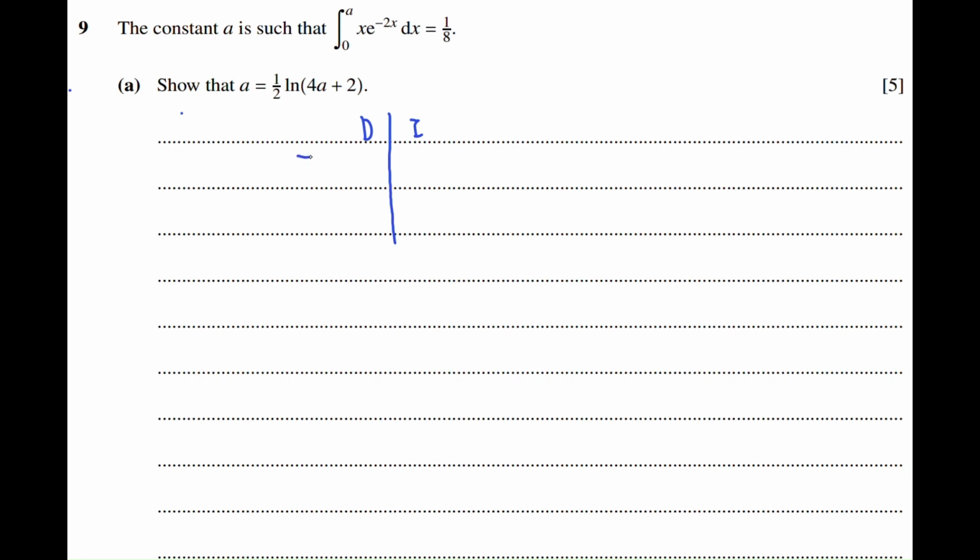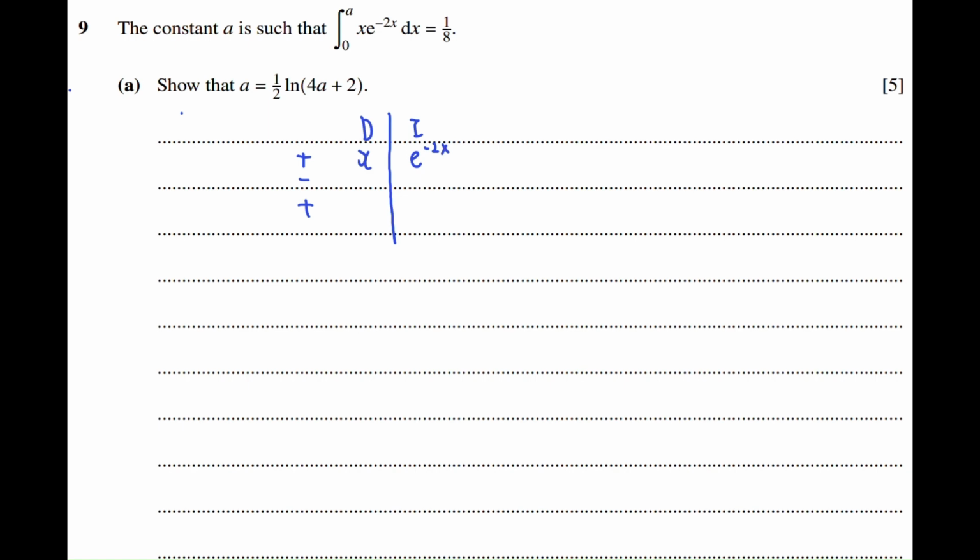And we put a plus minus sign alternately. The part that we're going to choose for differentiation is the first term, which is x, followed by e to the power of negative 2x for integration.